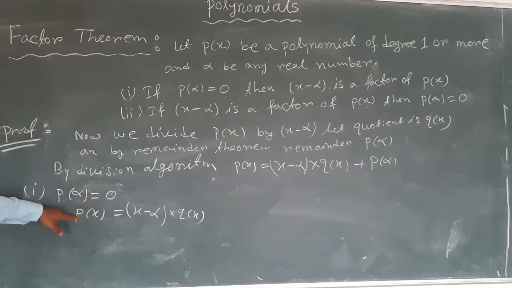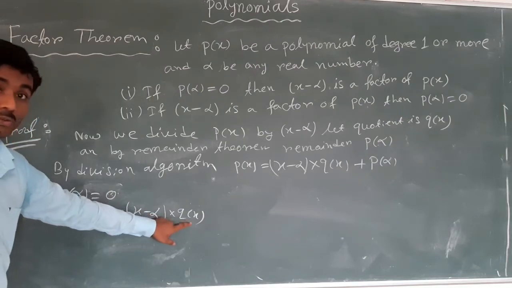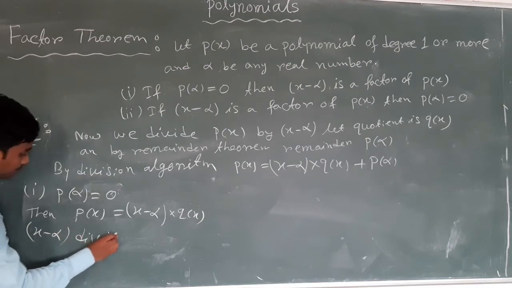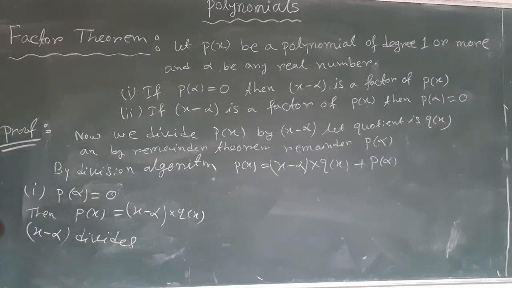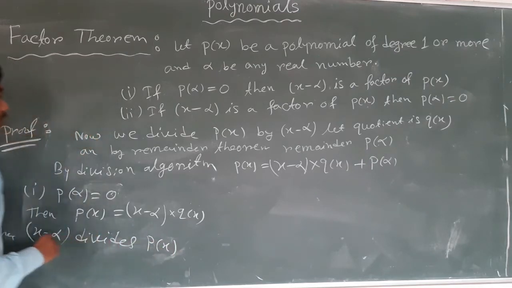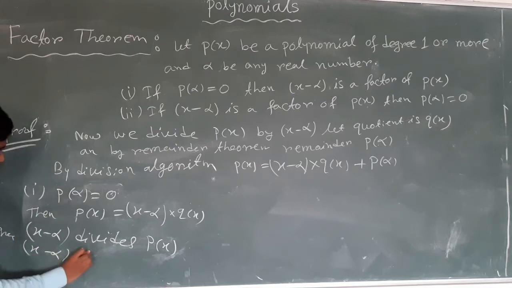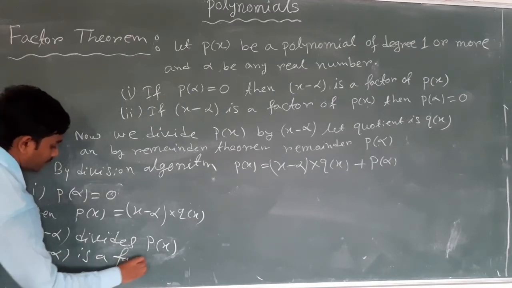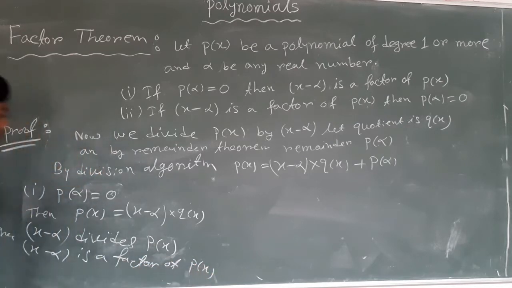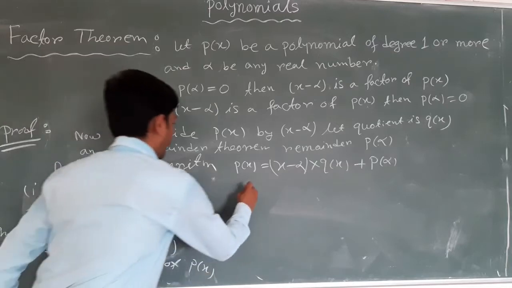Hence p(x) is divisible completely by x minus alpha, that is, x minus alpha divides p(x). So x minus alpha is a factor of p(x).